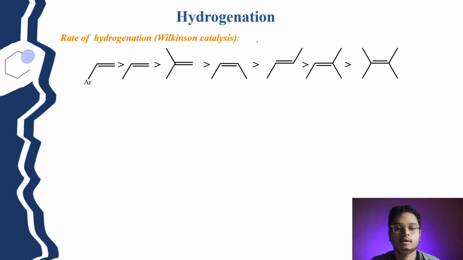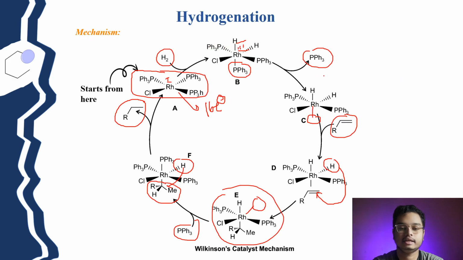Now, rate of hydrogenation. As I already discussed, Wilkinson catalyst shows more hydrogenation of the isolated double bond, for steric reasons. Here you can find that the PPh3 ligands and chlorine ligand are bulky enough.